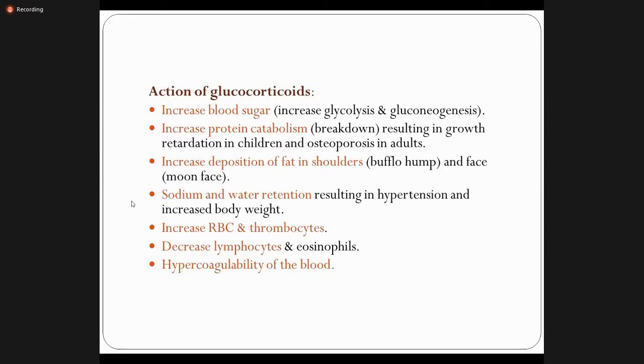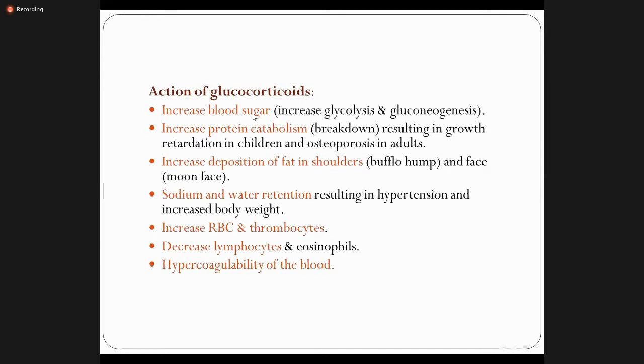So, number one pharmacological action: glucocorticoids increase blood sugar. That means they are going to produce a hyperglycemic state. So when we discuss the pharmacological actions, at the same time I will try to correlate them clinically, right?